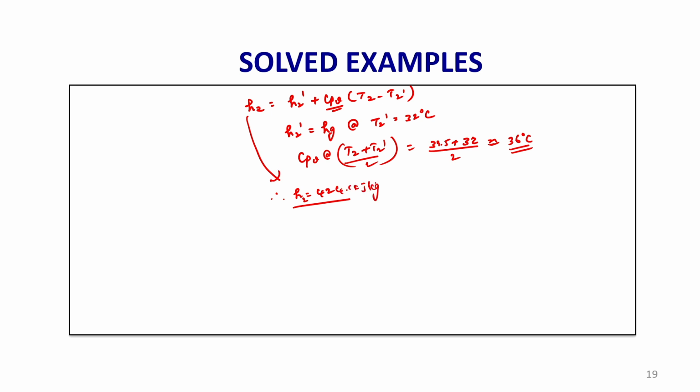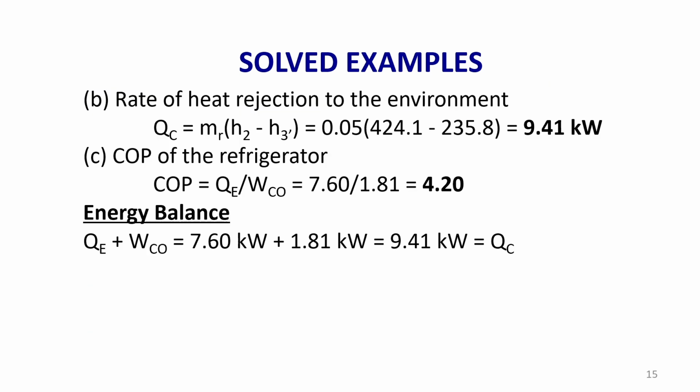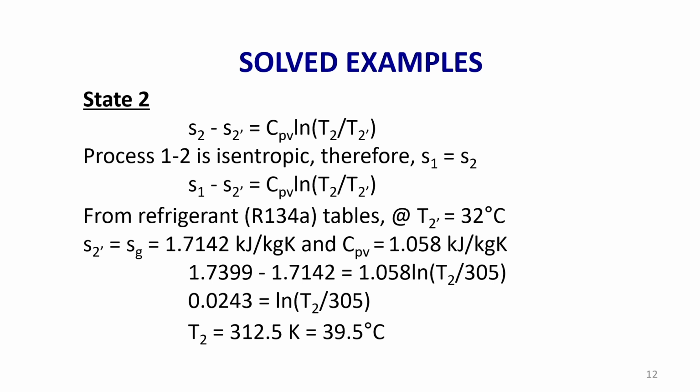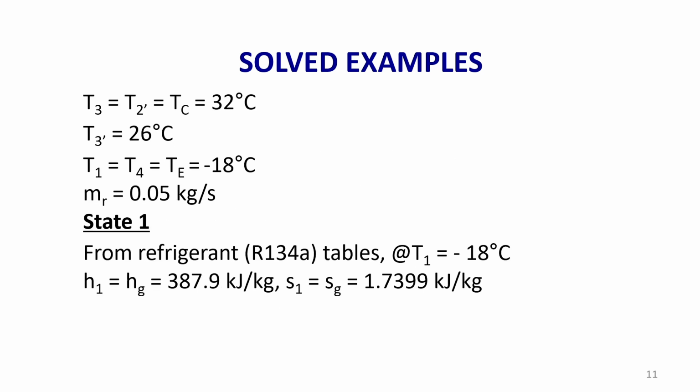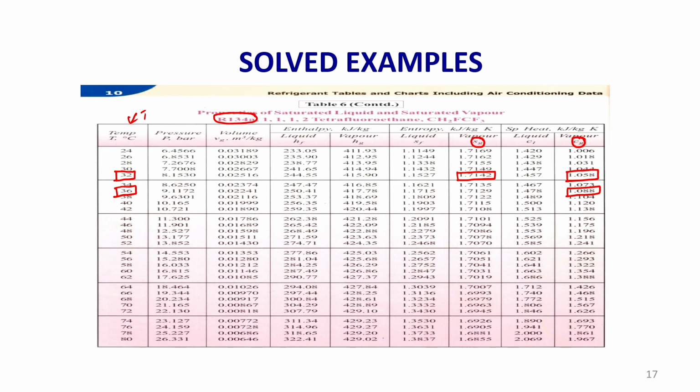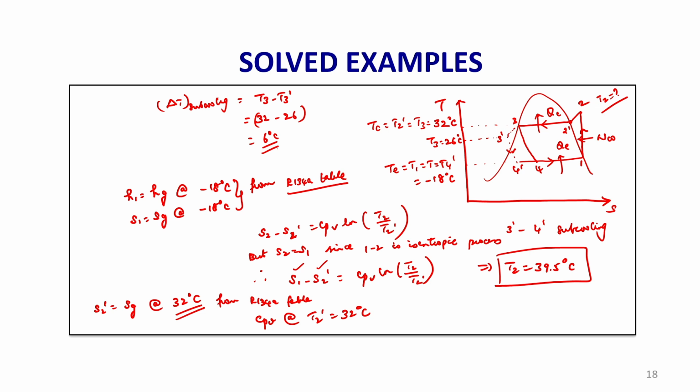Now, we have found H1 and H2. But if you look at the diagram, here we are considering subcooling. I want the enthalpy at 3 dash, and without knowing the enthalpy at 3, we cannot find the enthalpy at 3 dash.